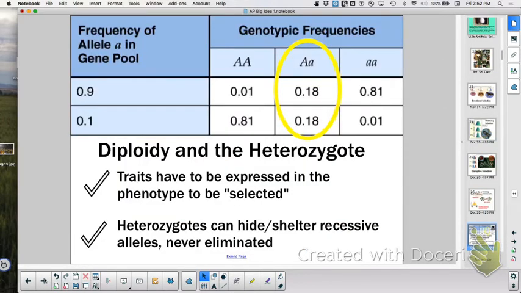Okay, when we talked about Hardy-Weinberg and diploid, notice it doesn't matter if little a is 0.9 or 0.1. If little a is 0.9, that means big A is 0.1. And if little a is 0.1, that means big A is 0.9. But notice that the heterozygote stays the same number, right?